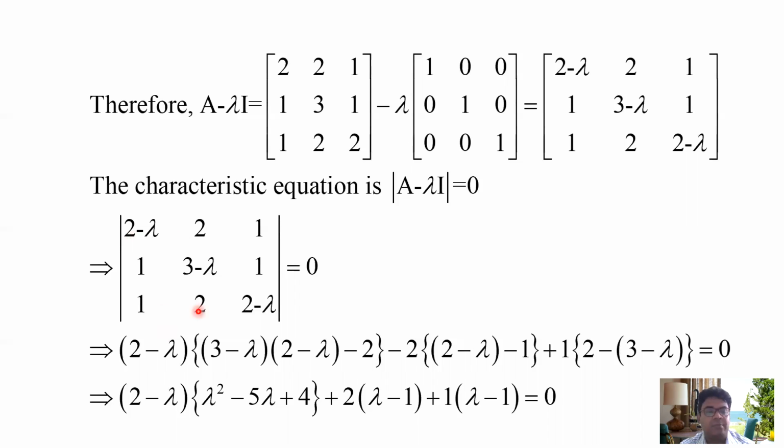It gives (2 minus lambda) times [(3 minus lambda)(2 minus lambda) minus 2], minus 2 times [(2 minus lambda) minus 1], plus 1 times [2 minus (3 minus lambda)]. After simplification, we have (2 minus lambda)(lambda square minus 5 lambda plus 4) plus 2(lambda minus 1) plus 1(lambda minus 1) equals 0.